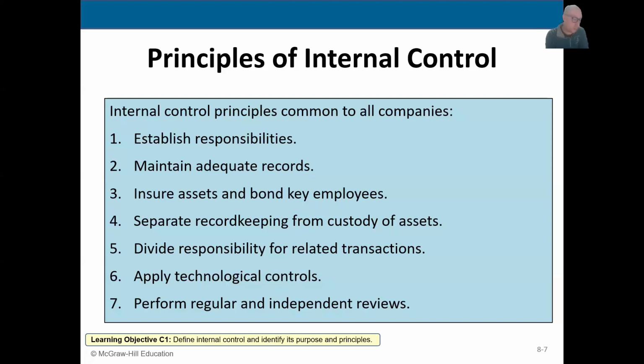Another example: if you've ever worked in retail and had to go to the bank for the company, you know those bank deposit packs with the cash. There should always be 2 individuals. The person who counted the drawer should not be the same person making the deposit.